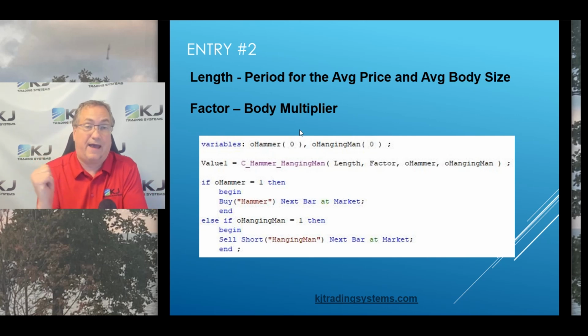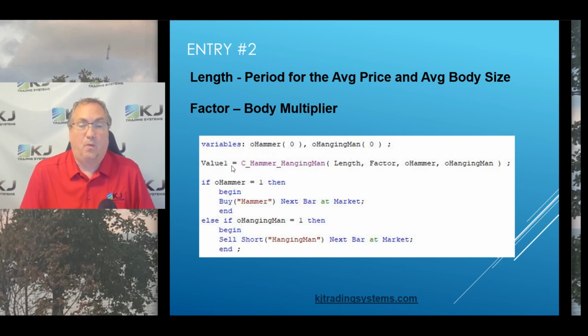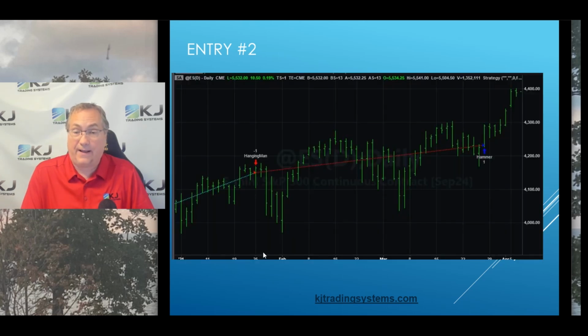You'd have to dig into that function to see what it's doing. But what you do is you call that function, and if it returns a hammer, which is hammer equals 1, that means there's a hammer pattern, and you simply buy. And if it says there's a hanging man, you sell short. There are no other filters or conditions with that. That's it.